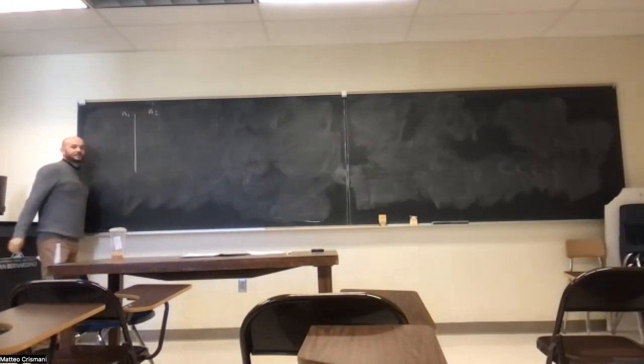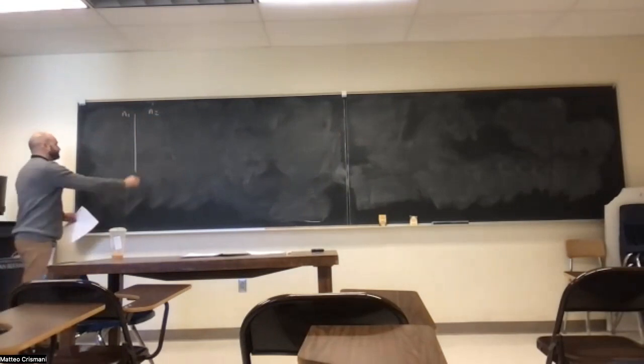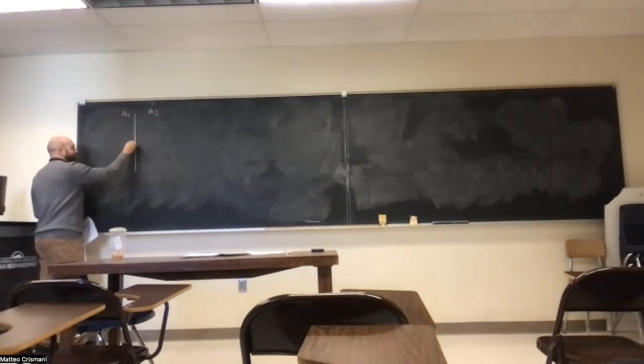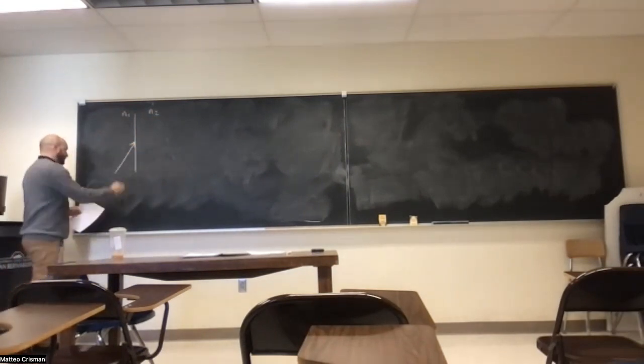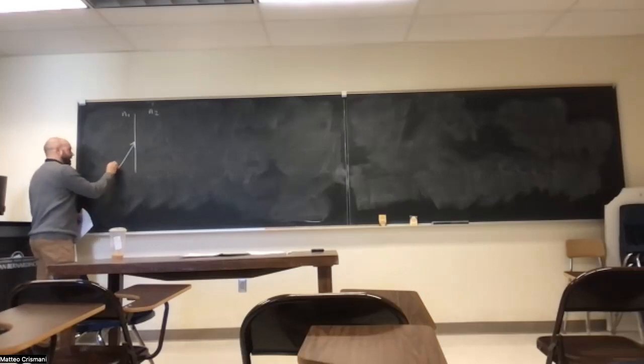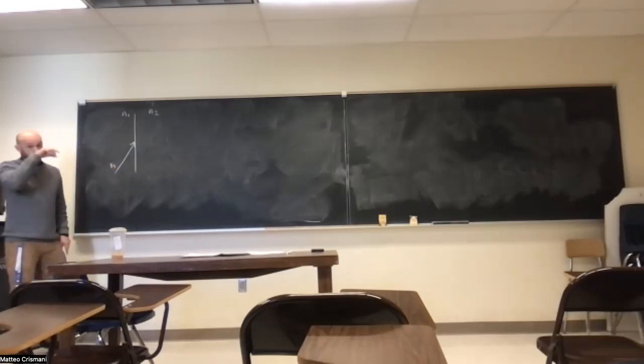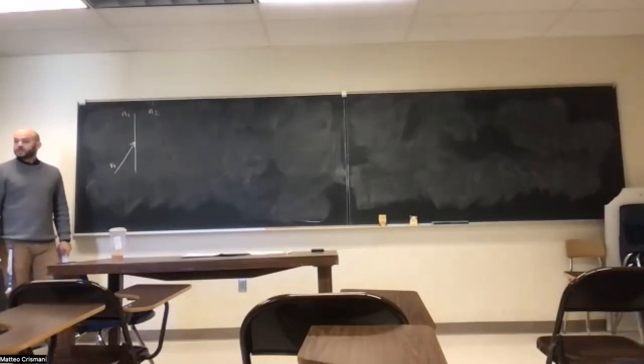All right. So we have a wave. Let's call this K1. I know this is going to be really annoying, but we're going to have different notation all the time. K1 is coming in.